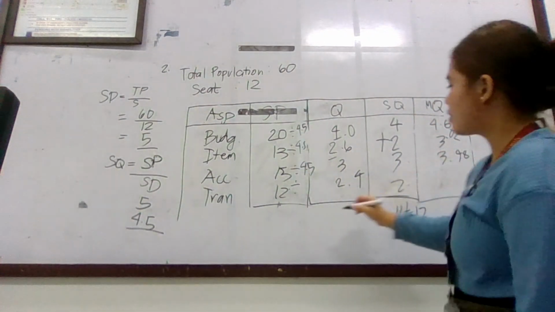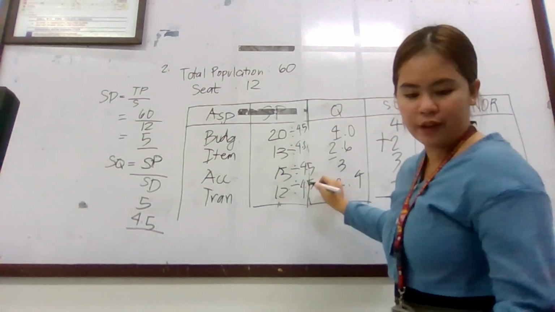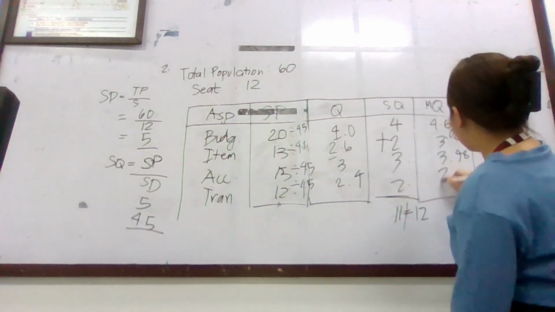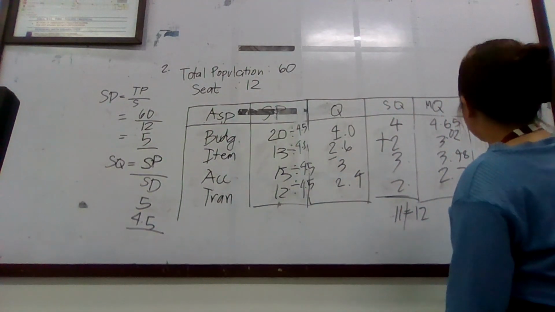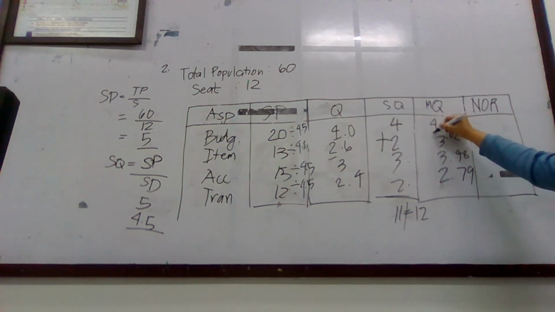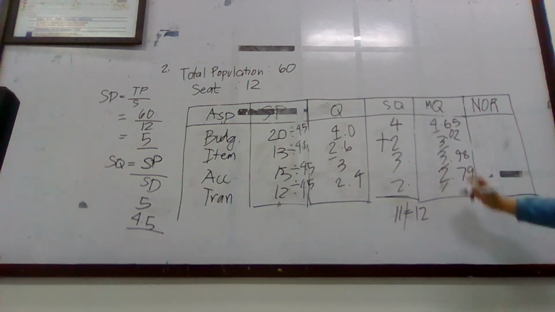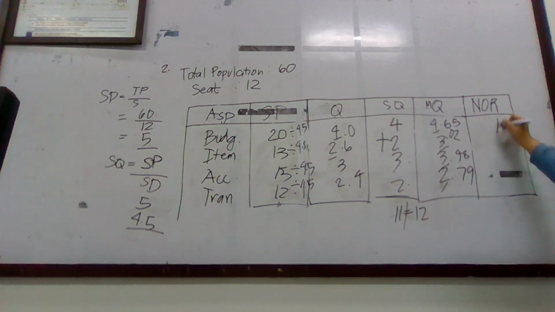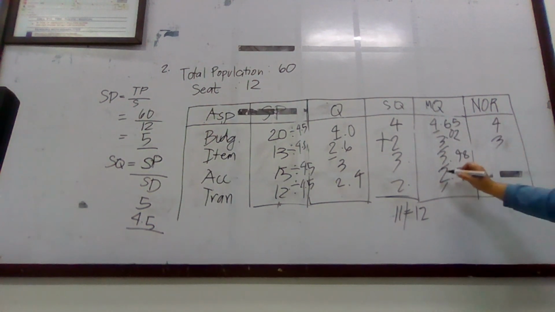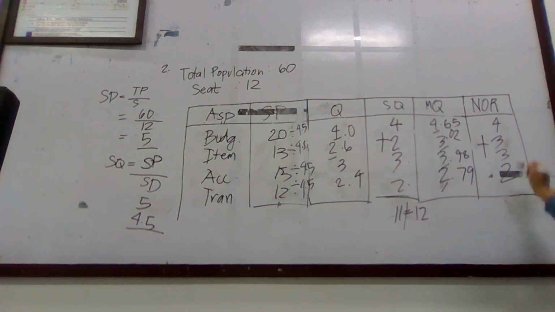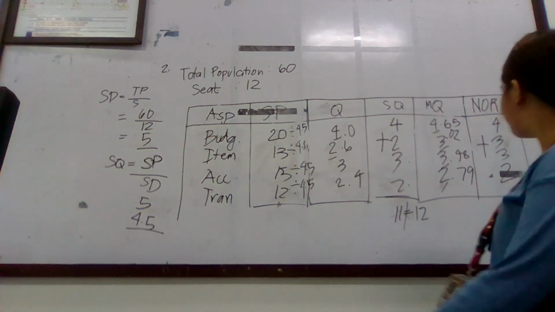And lastly, 12 divided by 4.5 will give us 2.79. So let us get our number of representative, which is the whole number. So we have 4, we have 3, we also have 3 and 2. So let us sum up together, will give us 12, which is equal to the number of seats to be apportioned.